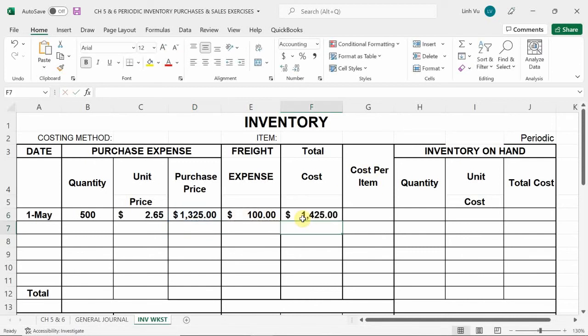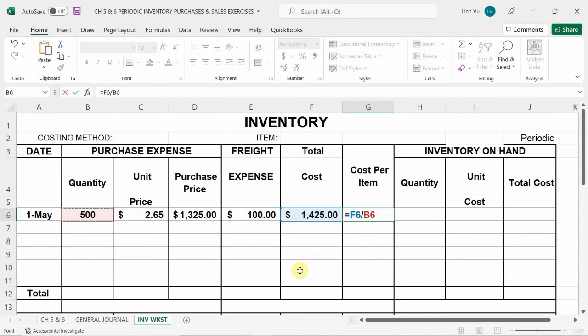Okay. So now, because we are using LIFO, we need to have a separation between our batches of inventory. So in this case, I need to solve for my actual cost per item, not average.